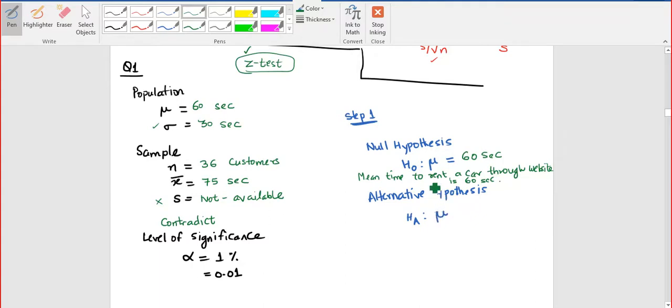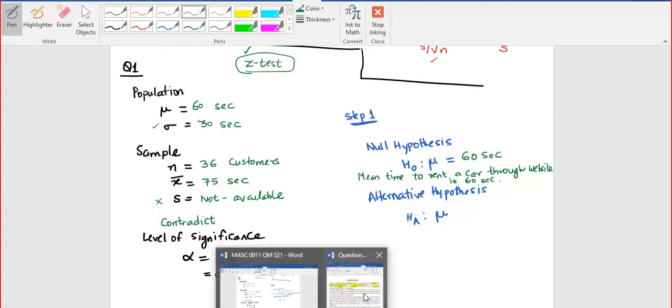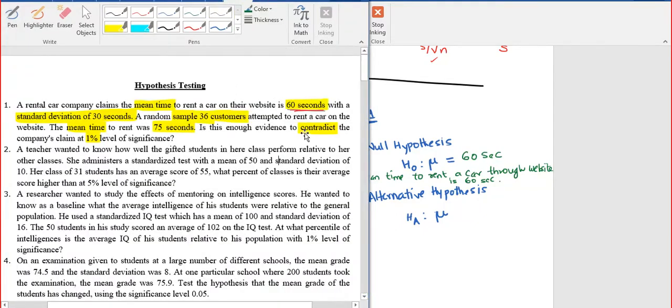Now we need to know what will be the alternative hypothesis. For the alternative hypothesis, you remember I gave you the word contradict, because what we need to check is whether all this data available to us, the mean, standard deviation, sample size and sample mean, is evidence enough to contradict the company's claim.